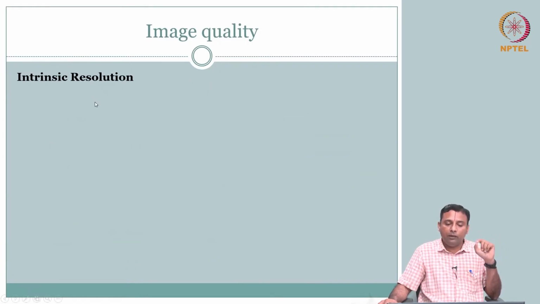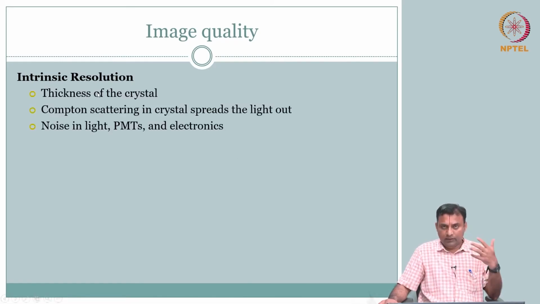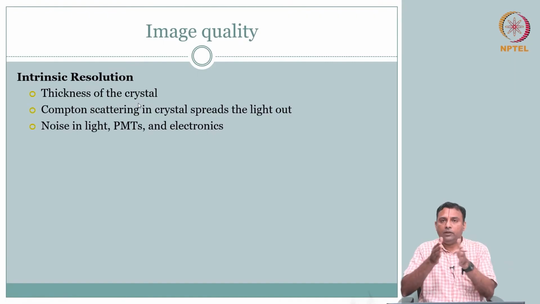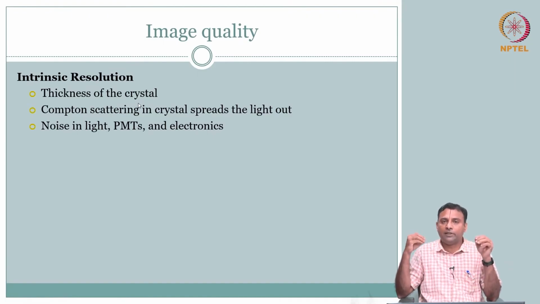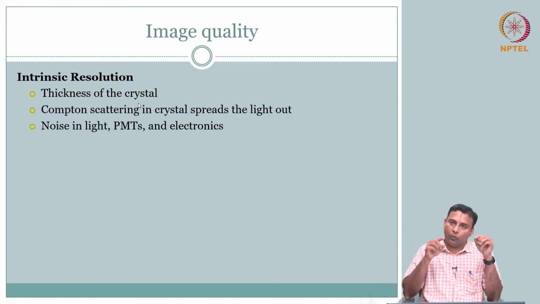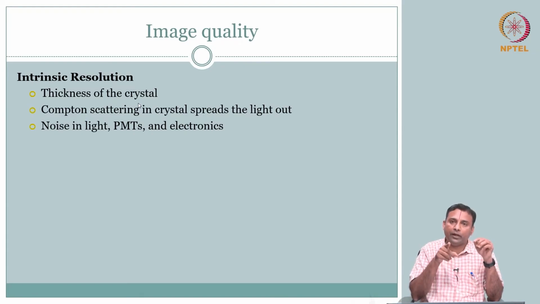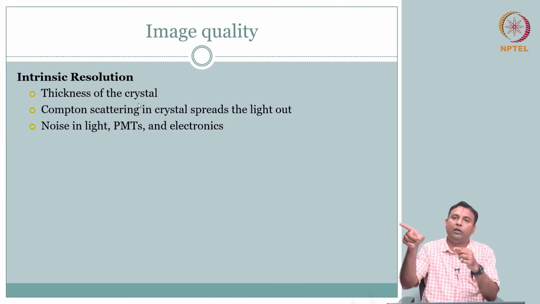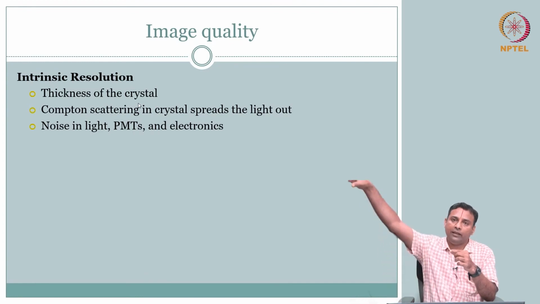A subtle point about intrinsic resolution: we know these are all parameters, no doubt about it. So thickness of the crystal, what do you know about that? We did not allow the Compton scatter to enter from the object, so only straight lines came through the collimator. But after it comes through the collimator, it may have Compton scattering in the crystal and therefore some will go further into the photomultiplier tube and get detected.